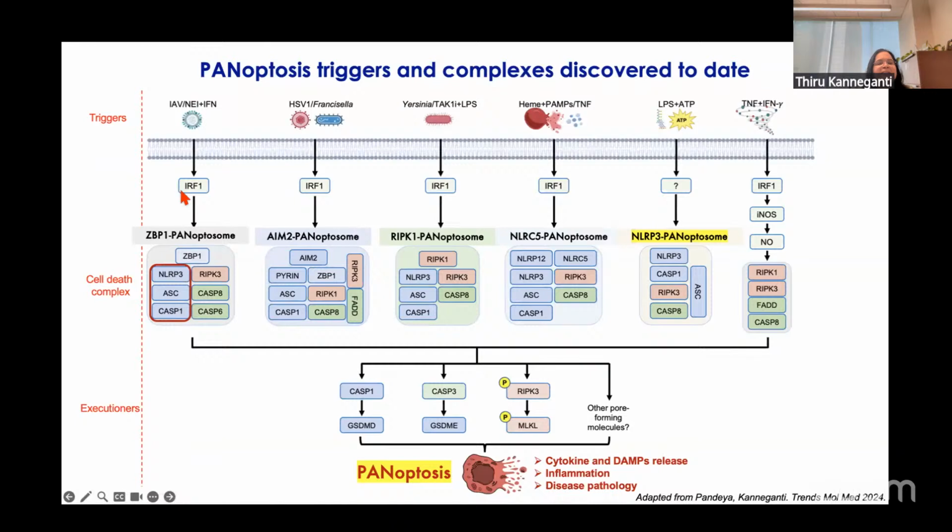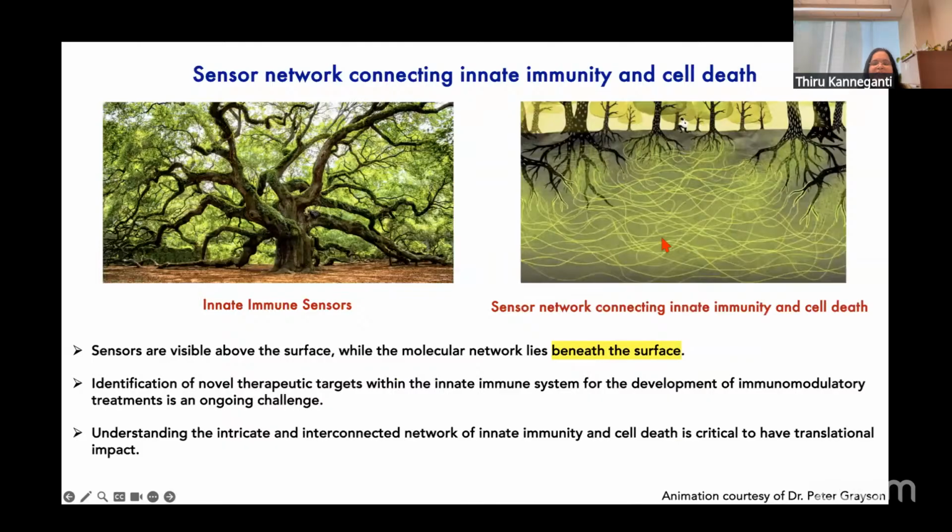And then it's really amazing to see that one IRF, which is IRF1, is acting upstream of this assembly of complexes, in transcriptional and translational regulation of complexes. So far we have discovered 5 different panoptosomes, like ZBP1, AIM2, RIPK1, NLRC5, and NLRP12, and also the newly added NLRP3 panoptosome. And this reflects what we see beneath the surface.